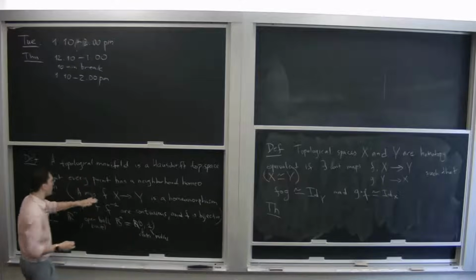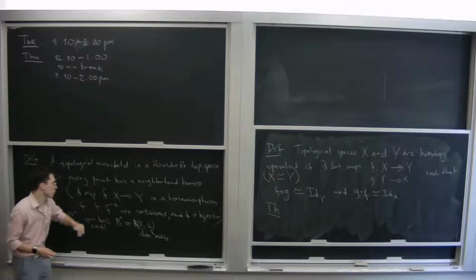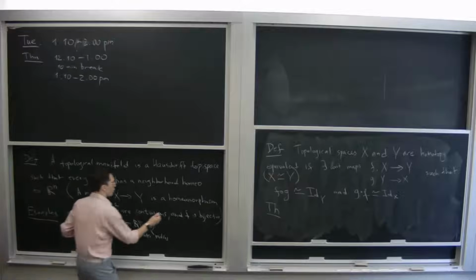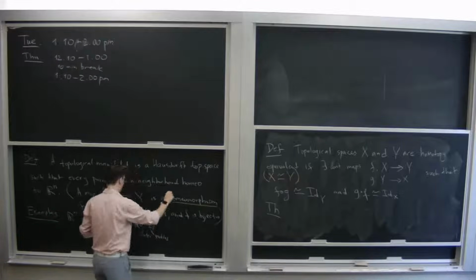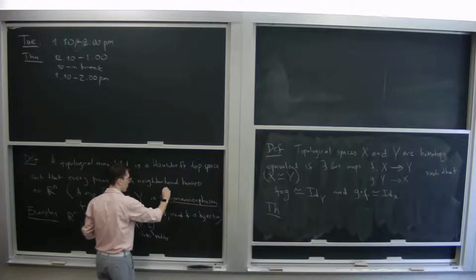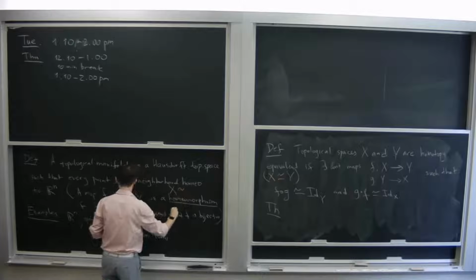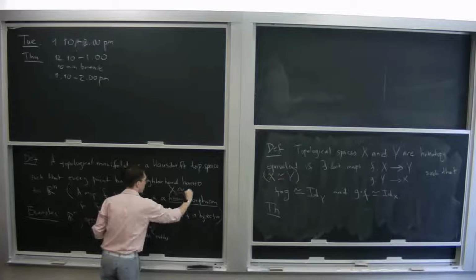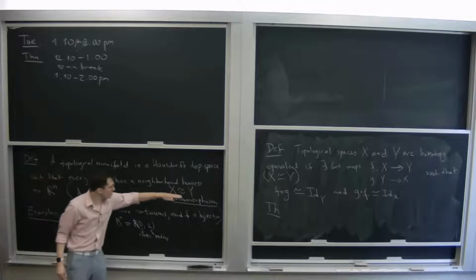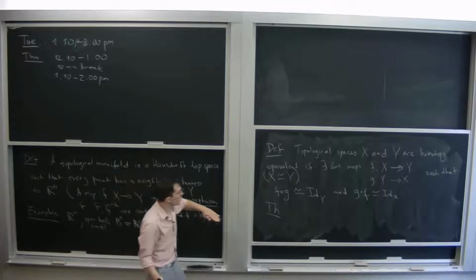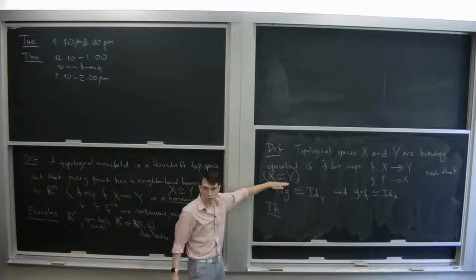When I say that a map F is a homeomorphism, a homeomorphism will be denoted by double tilde notation. So I will simply write that X is homeomorphic to Y. We use this notation for homeomorphisms, and that notation for homotopy equivalence.